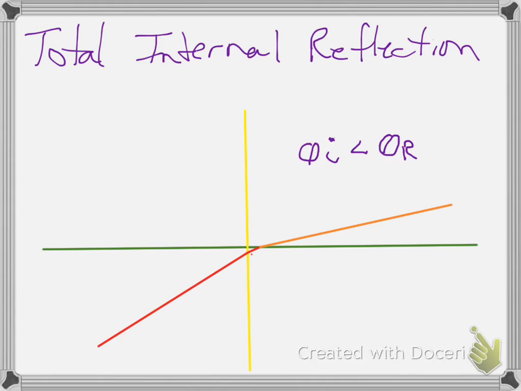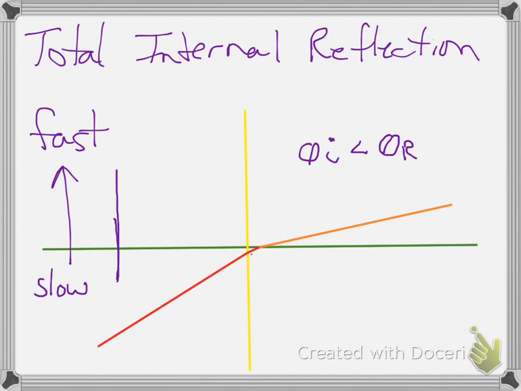So we're moving from a slow to a fast medium. This would be like going from glass to air, oil to air, or water to air. So this is a more optically dense medium, or a slow medium, going to a fast one.